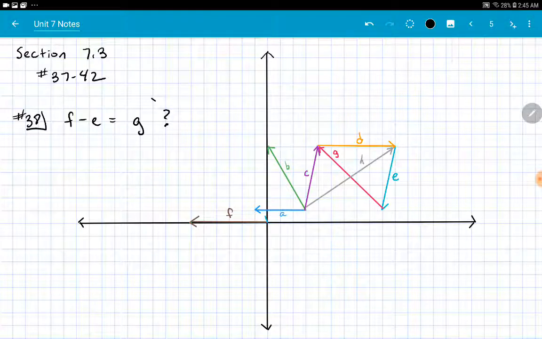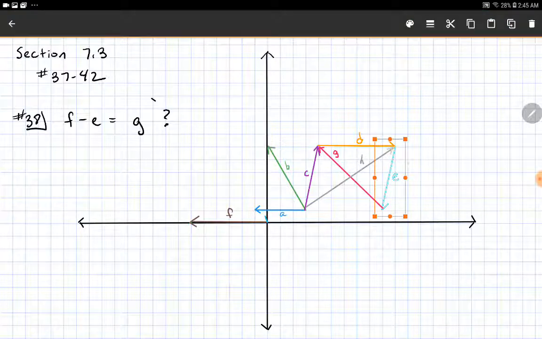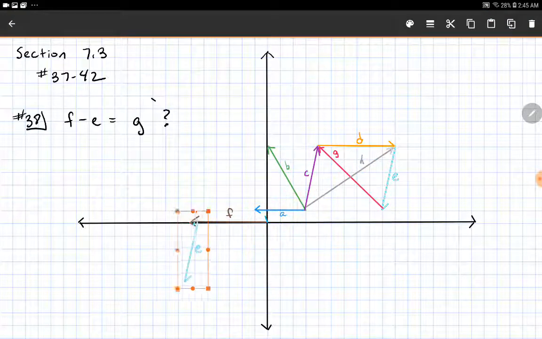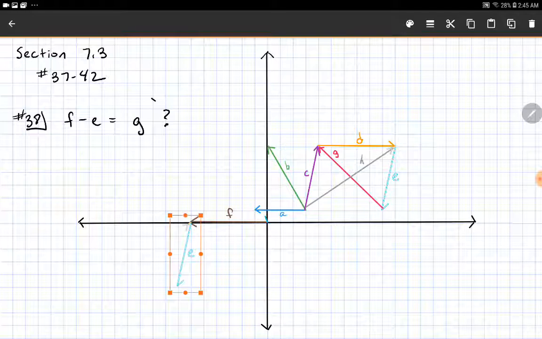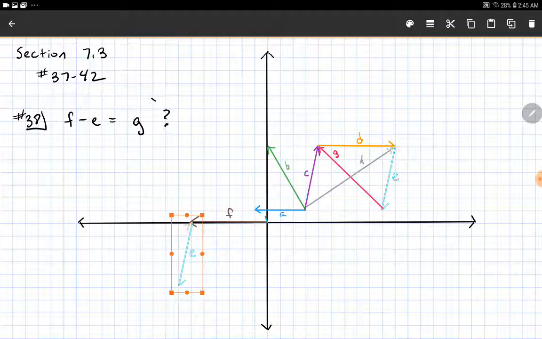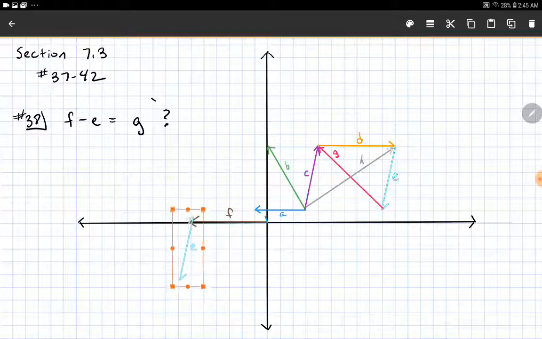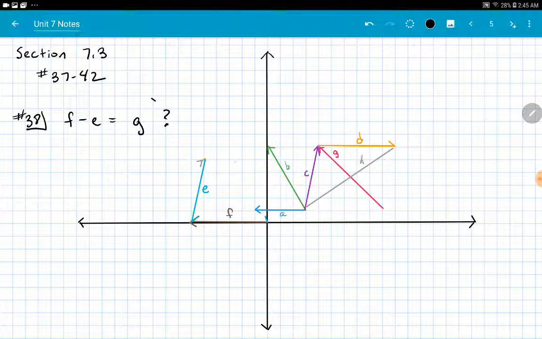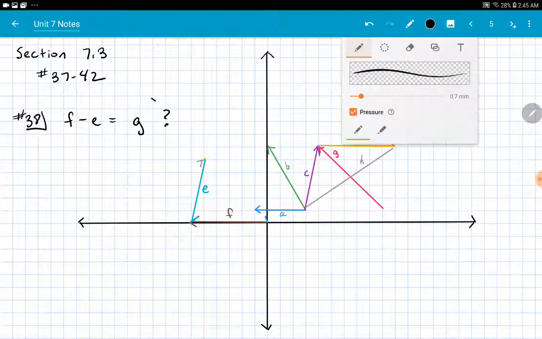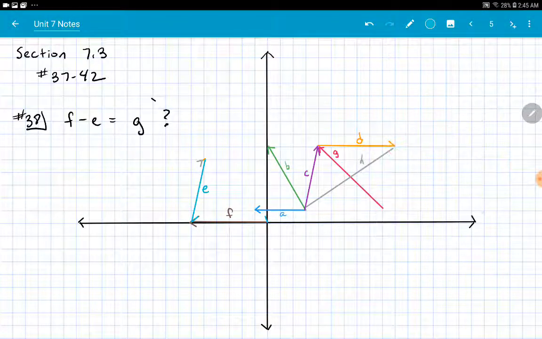So E is this blue one over here. This is plus E, but I want to go minus E, so I want it to go in the opposite direction. So it would actually go this way, and the arrow would be over here.